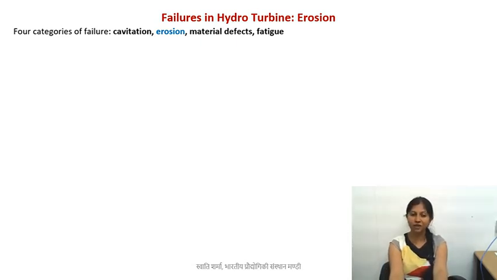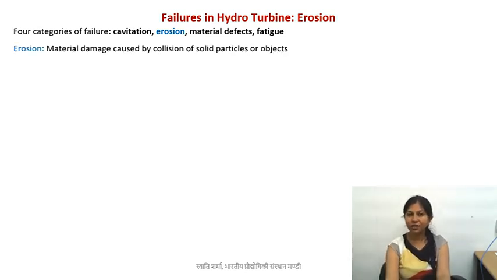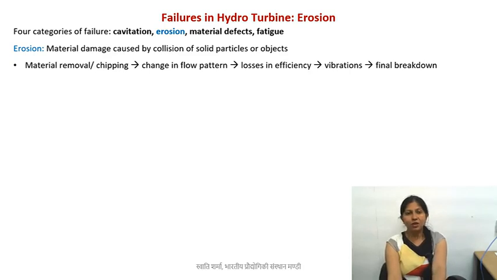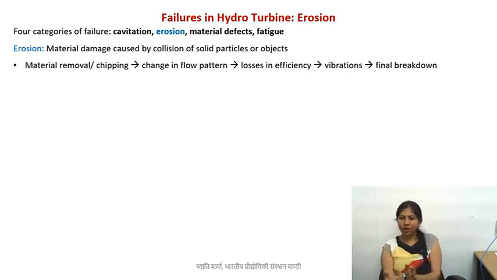In the case of cavitation, you have gas bubbles or vapor bubbles, and that is why we do not call it erosion. However, by definition, erosion itself is the damage to the material or the material removal caused by the collision of solid particles or any foreign objects. Okay, so this can cause damage to the hydro turbine systems.